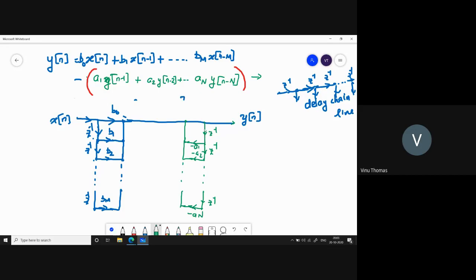And here you have y of n, minus a1 into y of n minus 1 minus a2 into y of n minus 2 plus etc., up to minus an into y of n minus n. If you add these two together, you should get y of n. So let us look at the transfer function that we have implemented. The transfer function is H of z equal to, in a different color.